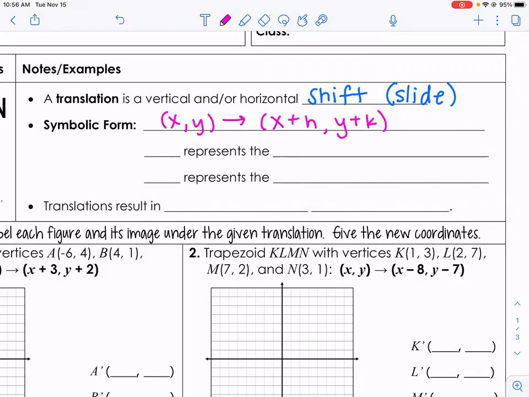So whatever is added or subtracted with the X is going to represent our horizontal shift, AKA we're going right or left.